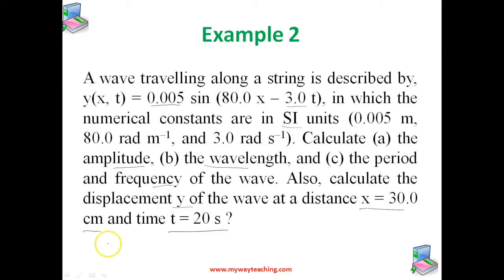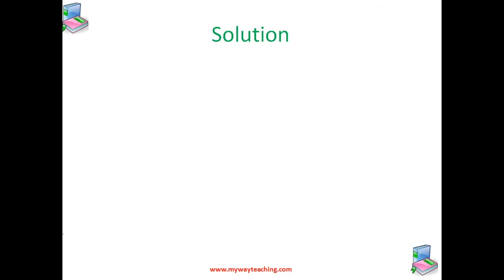So all the data is directly given. You just need to compare this with the displacement equation that we studied for a transverse wave. Then we can proceed with the solution. So first let us compare this equation to the displacement equation, that is y of x comma t is equal to a sine (kx minus wt).